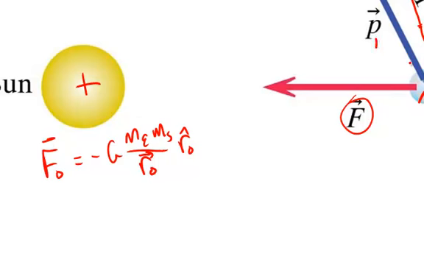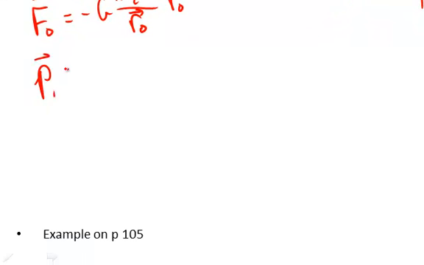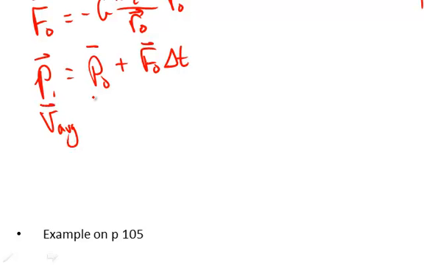And so this P1, which is the momentum heading towards point 1, is equal to P0 plus F0 delta T, where delta T is the time step that we've chosen. That's the time for the Earth to travel from this point to this point. Now, we need to calculate the average velocity, and the thing to keep in mind is that the normal equation we use for average velocity, v1 plus v2 all over 2, is a rough approximation in this case. That equation only gives us an exact answer when the forces are constant.